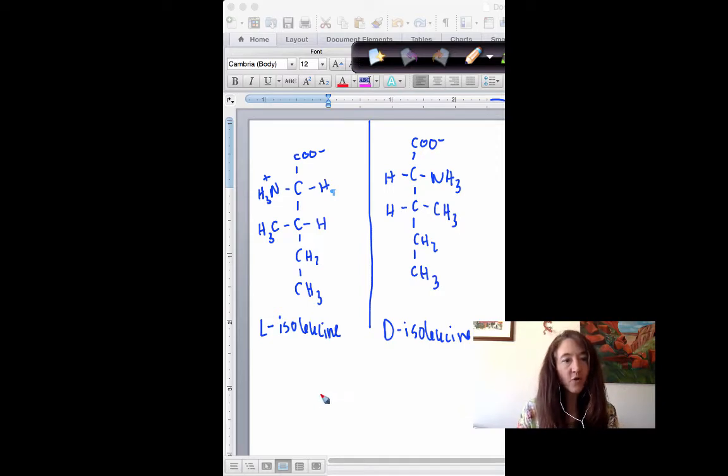Beautiful. But then, of course, we also know that there's stereochemistry around the beta carbon. So we can go ahead and write the other variation here, which is something called allo-isoleucine.